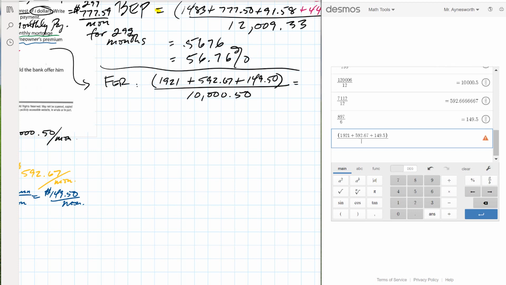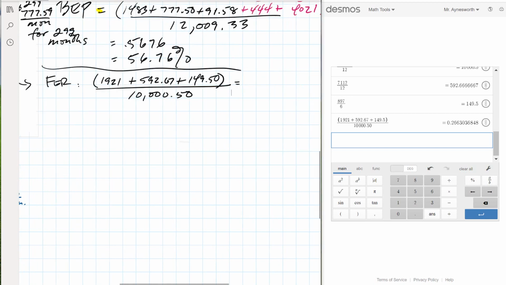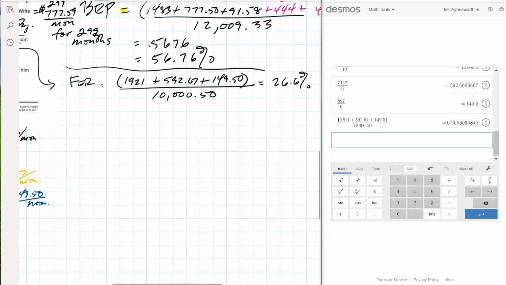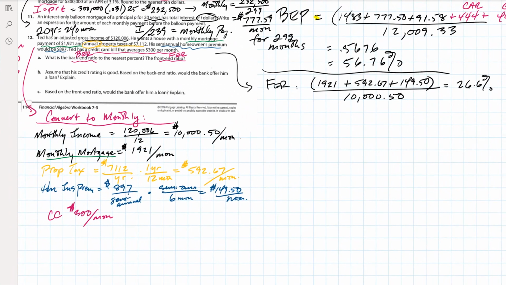Just be careful there. Okay, $10,050. So notice that it's about 26.6%. Let's write that number down. So the front end ratio is 26.6%. Just shift the decimal place 2 places right to convert to a percent.